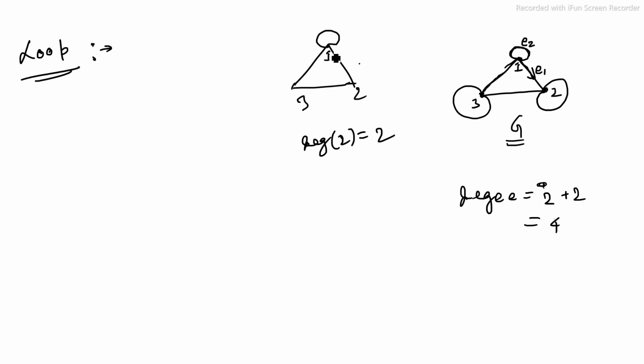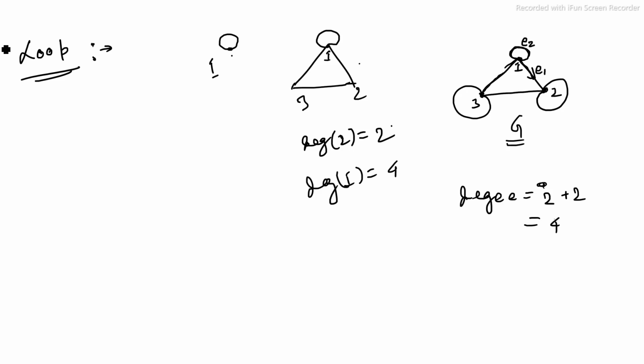But the degree of vertex 1 is 4, because starting and ending vertex are the same for the loop, so we add 2. For a loop on any vertex, even an isolated vertex, that vertex gets degree 2. I hope you understand now.